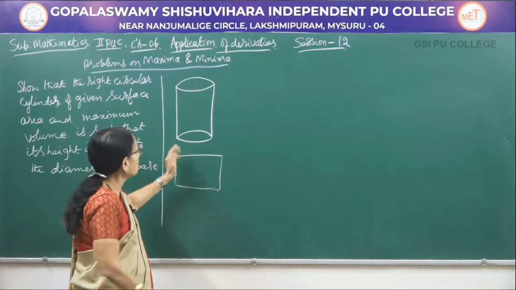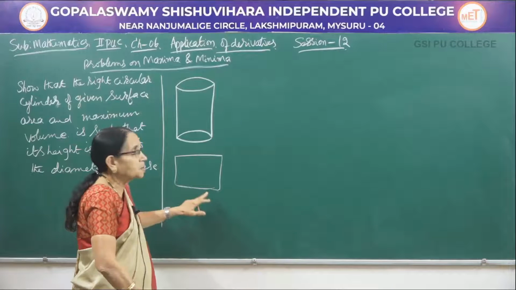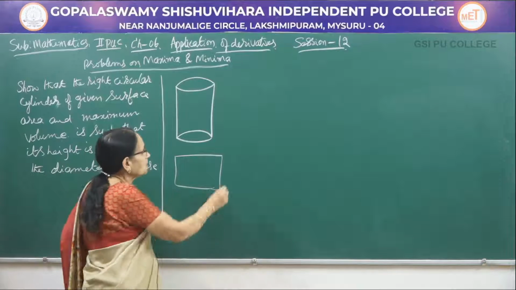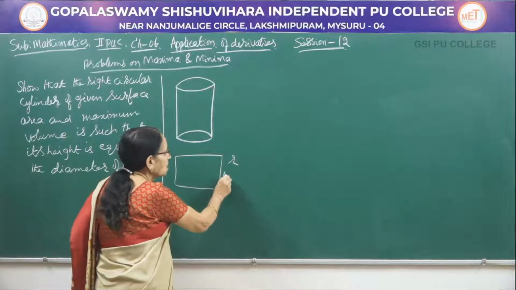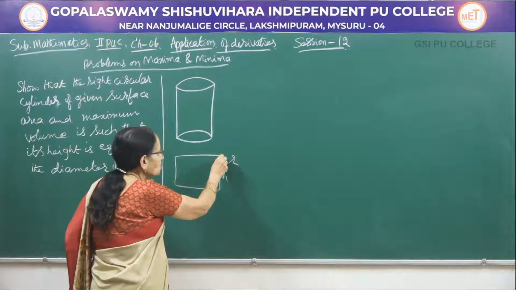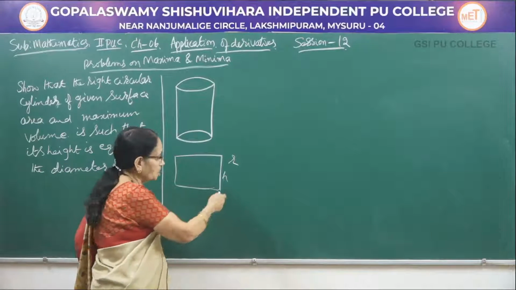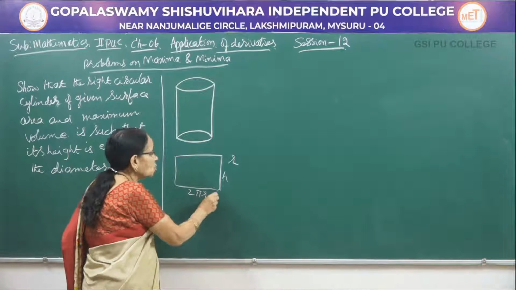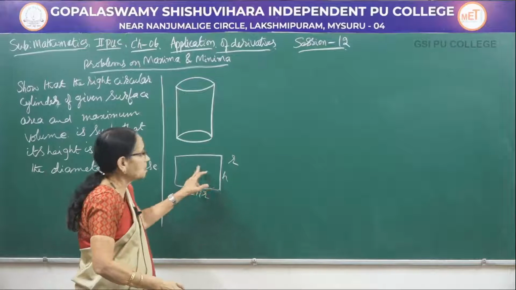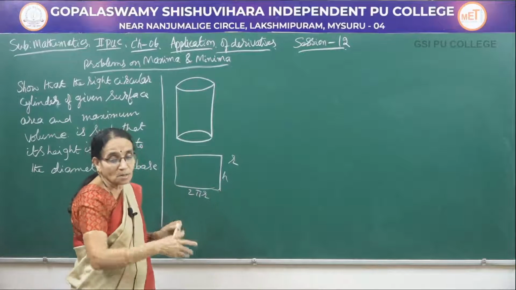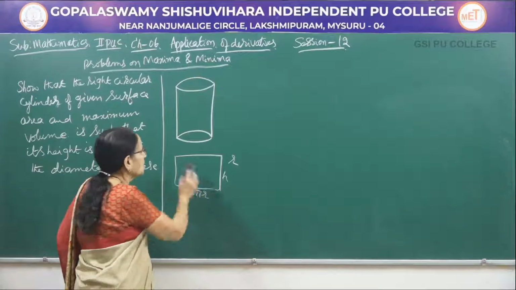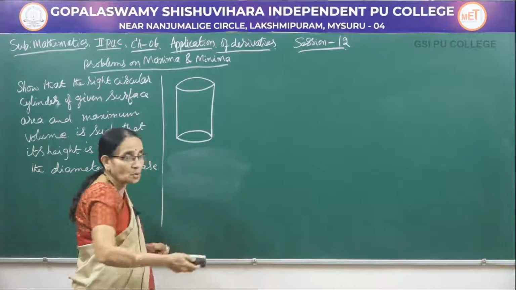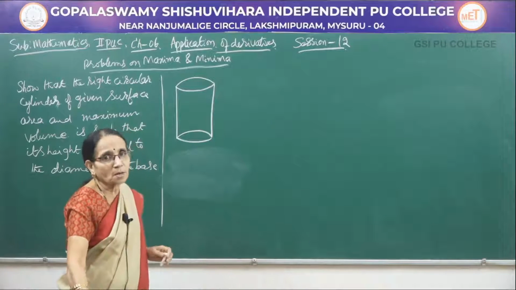The length, when it is in the circular form, becomes the circumference. Suppose you take the radius to be r and h to be the height. So the width becomes h here, and the circumference is nothing but 2 pi r. So 2 pi r into h is the area of the curved surface.